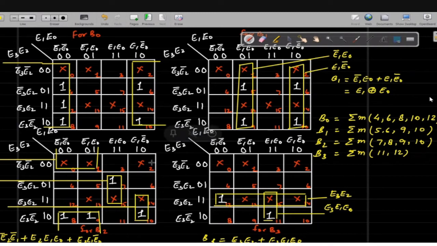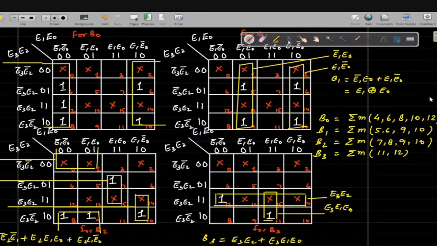And finally, it is just a simple matter of making the implementation diagram with the help of these simplified Boolean expressions, which you get after simplifying through the K-map.